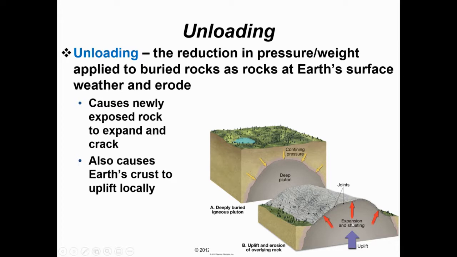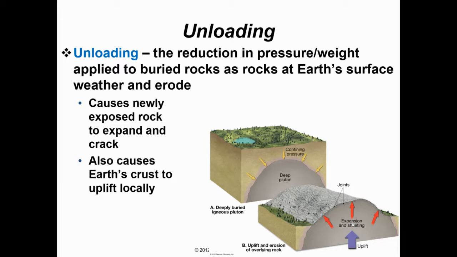Because these plutons formed at a location where there was a lot of pressure pushing against them, when they get shoved up to Earth's surface into a low pressure environment, cracks will start to form, or joints, if you will. That concept of these cracks forming is called unloading.